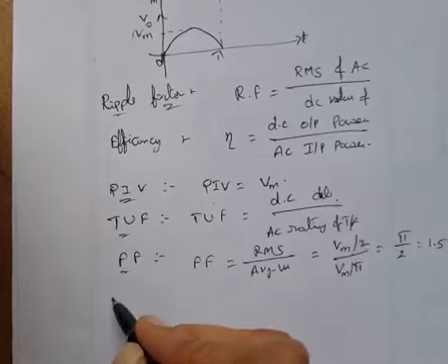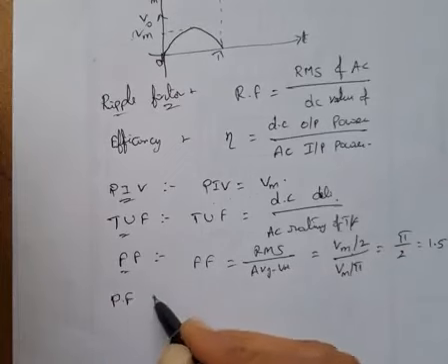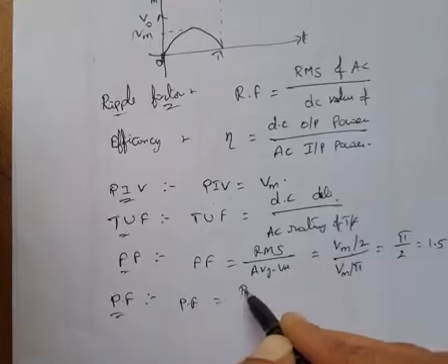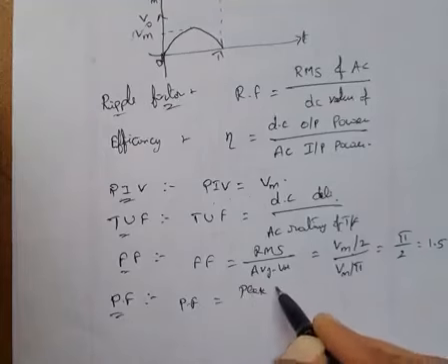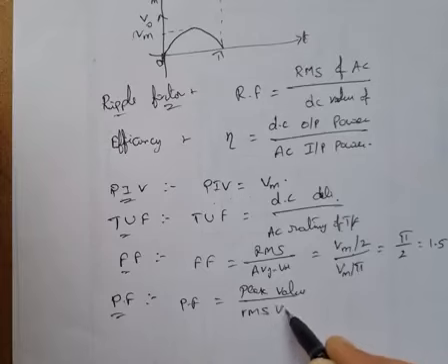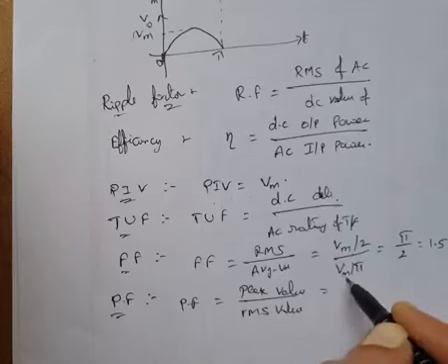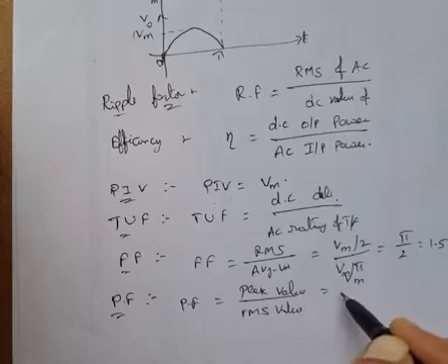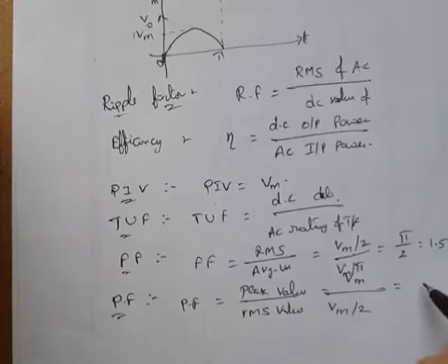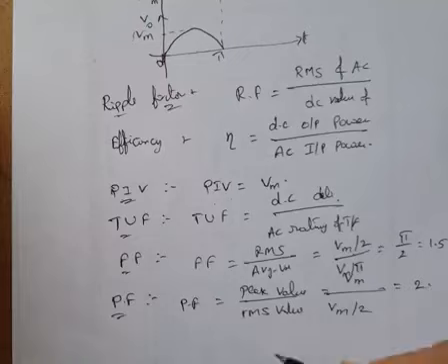And the last term we are using is peak factor. Peak factor, as the name says, is the peak value divided by the RMS value. We know the peak value is Vm, and the RMS value is Vm by 2. That means 2 is the peak factor.